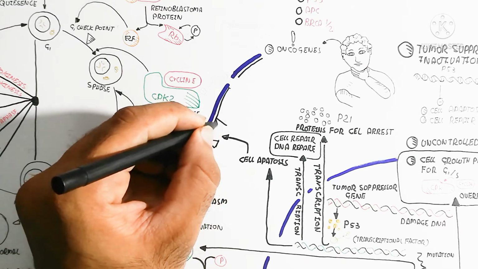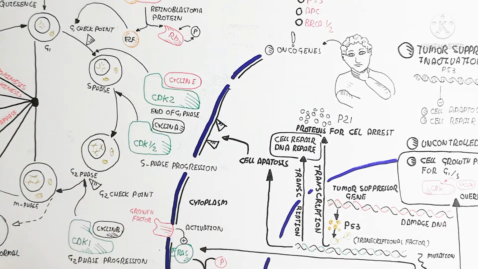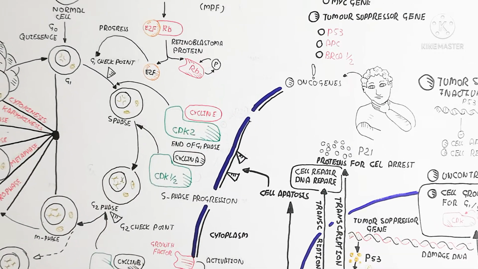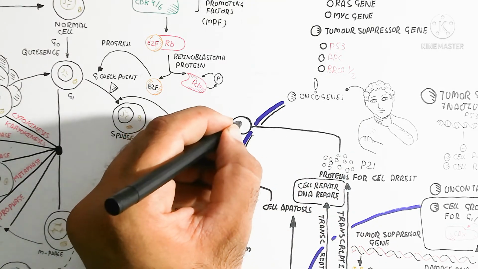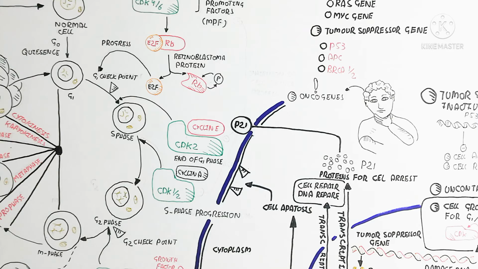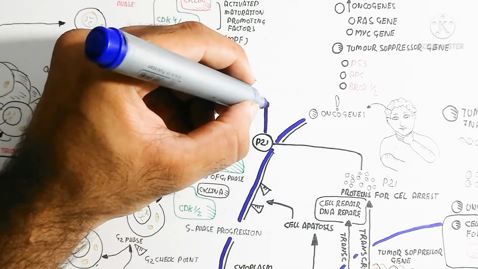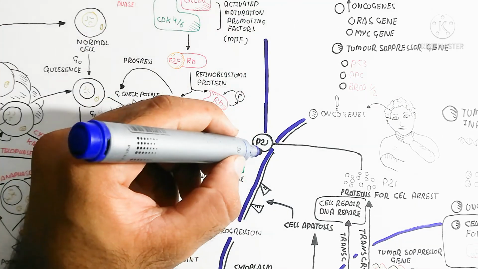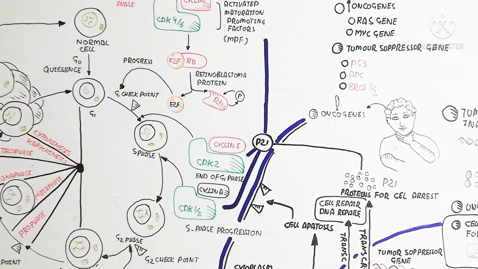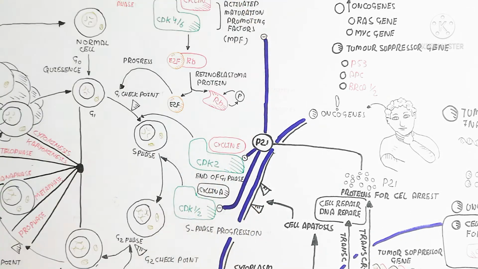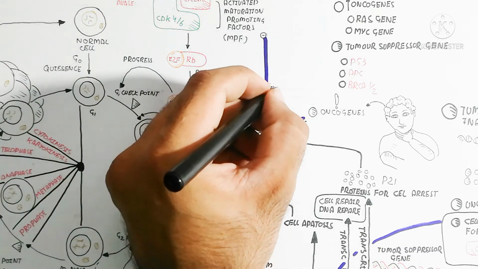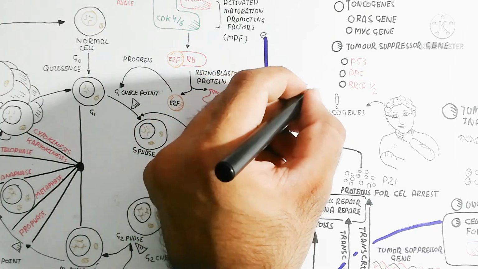So let's understand how it's processed. Here cell apoptosis will occur. The cell containing damaged DNA will undergo apoptosis and be recycled. If the P21 protein is not present due to tumor suppressor gene inactivation, it will lead to cancer due to no correction of the DNA, and proliferation and cell growth proteins will be active.